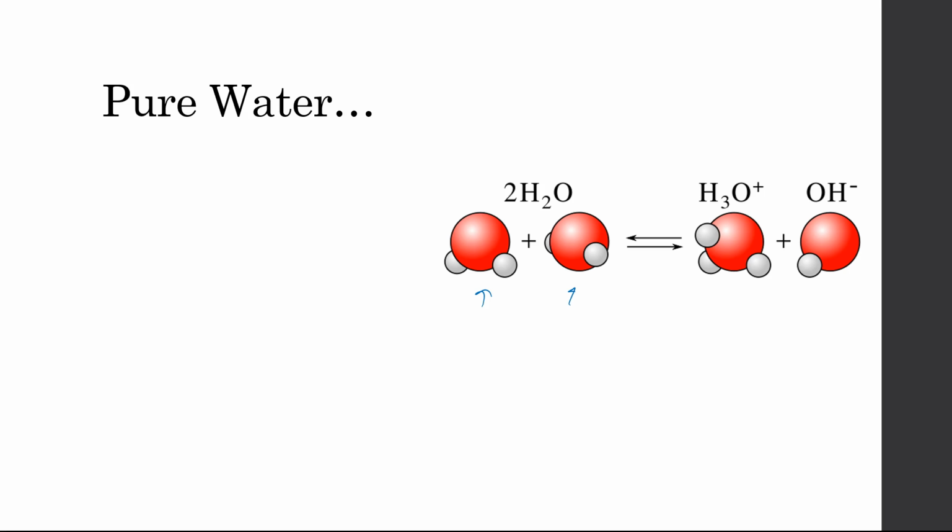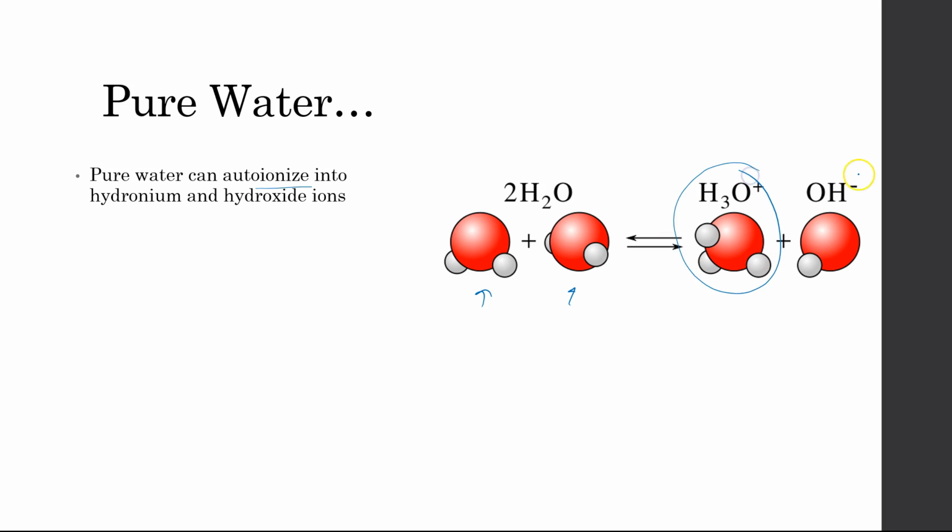But occasionally, pure water can auto-ionize, which means it can ionize itself into a hydronium ion and a hydroxide ion. Essentially, that's an exchange. So one of these hydrogens bumped over to there, which is essentially a little Bronsted-Lowry acid-base interaction.